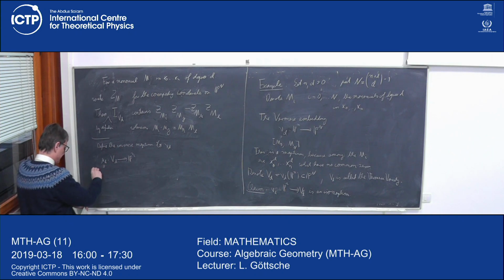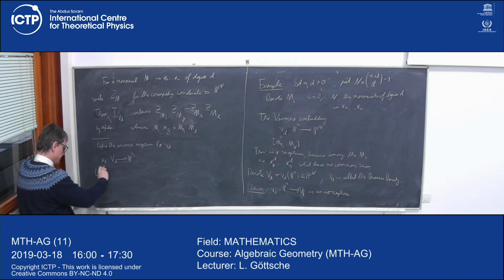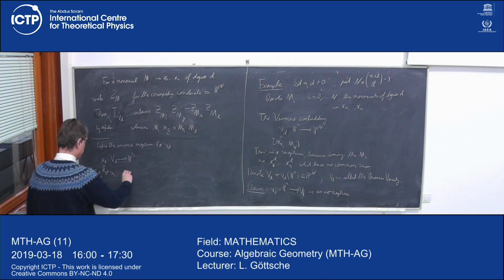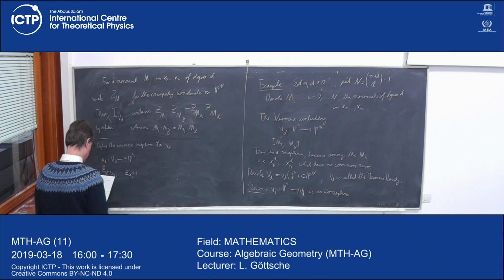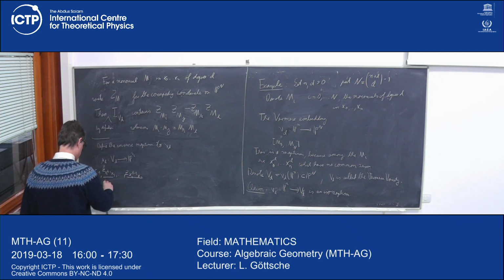I now write it in terms of rational functions: 1, comma, Z corresponding to x0 to the d minus 1 x1, until Z corresponding to x0 to the d minus 1 xn, each divided by just Z to the x0 to the d.